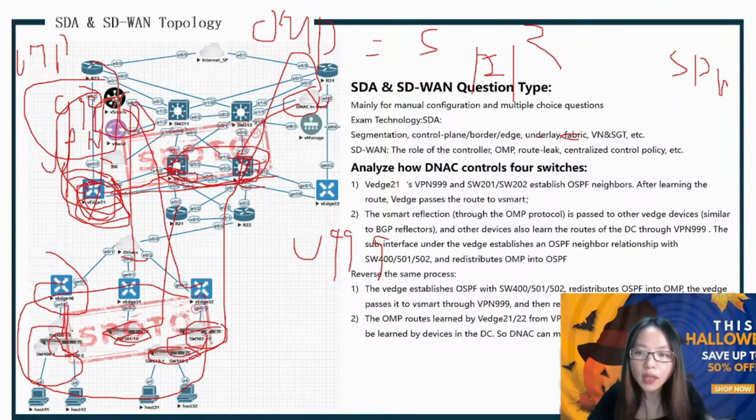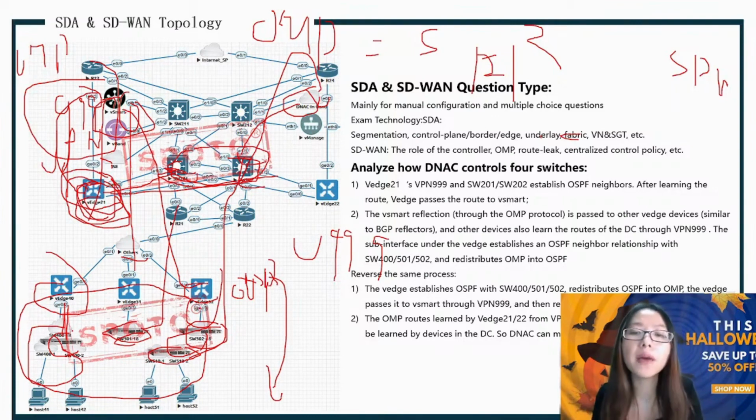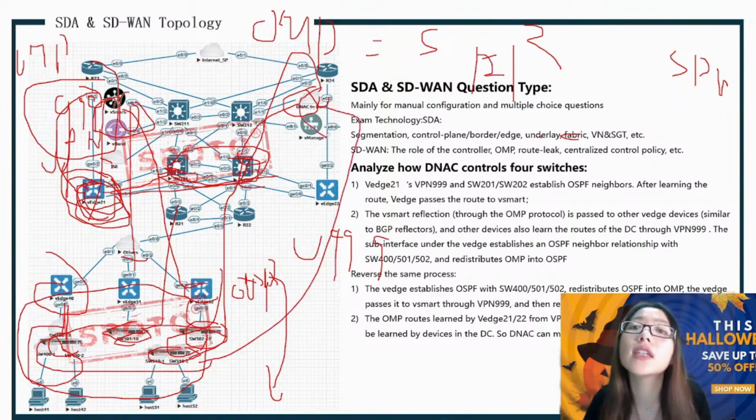So they establish OSPF neighbors. Then VH will redistribute OMP into OSPF, so the switches can learn the DNA Center route.